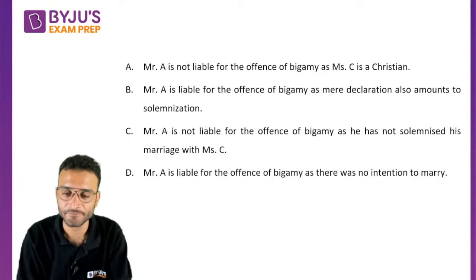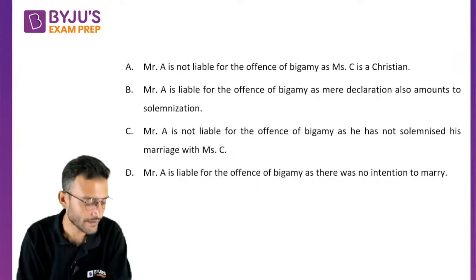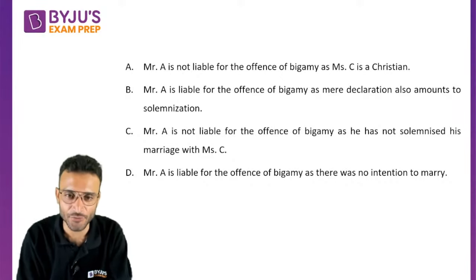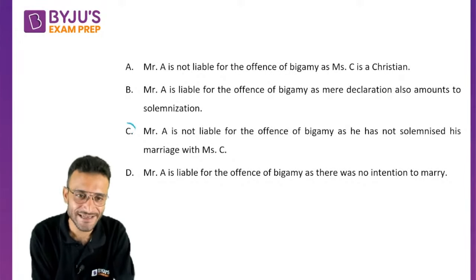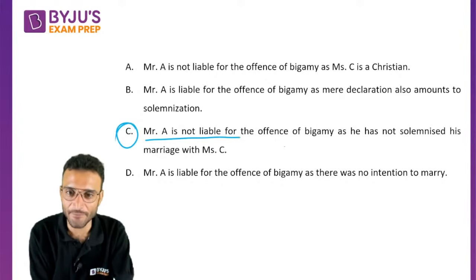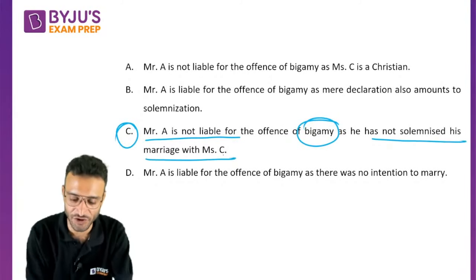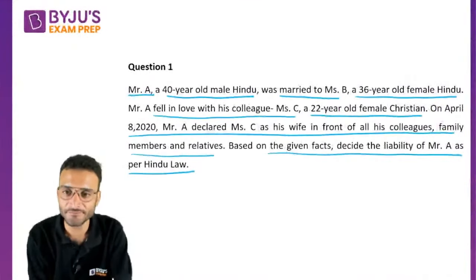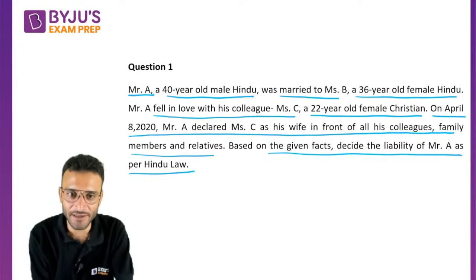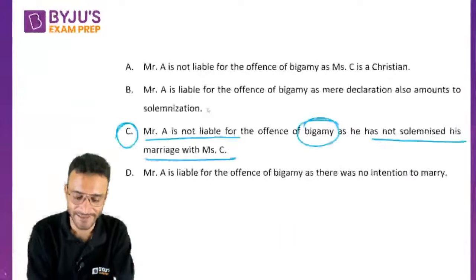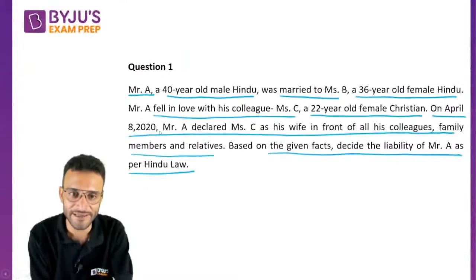Please reply. Okay, so the correct answer to this question is option C. He is not liable of the offense of bigamy because he has not solemnized his marriage. Come over here. On April, what has he declared?